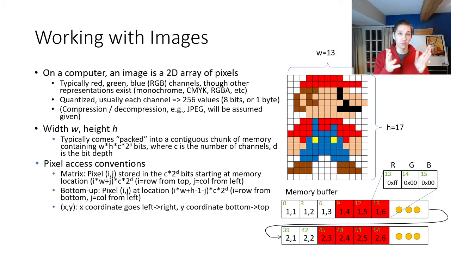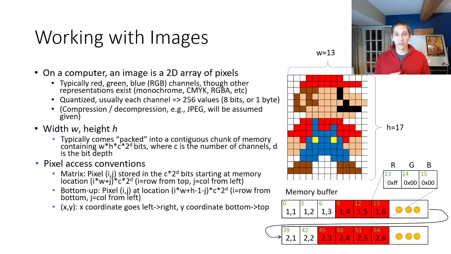So this is where the pixel starts. The pixel itself will include some number of channels. For example, this red block over here, at (1, 6), is going to be red, so it's going to have 3 bytes. The first byte is going to be 0xFF, which is the maximum value, 255, and then the green and the blue are both going to be 0.